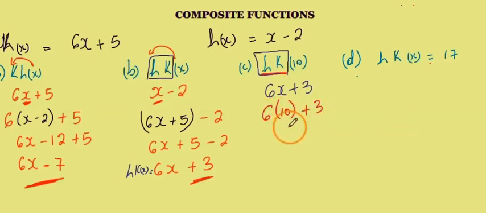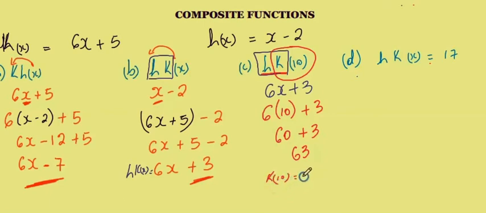So now we have 6 times 10, that is 60, plus 3, and when we add both of them together, we are going to get 63. Another way that this question can be done, you can find k of 10. So whatever k is, you can substitute 10 in k and solve for that. So let us look at k of 10.